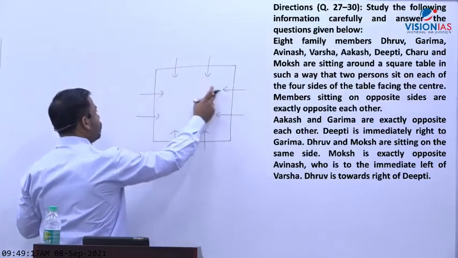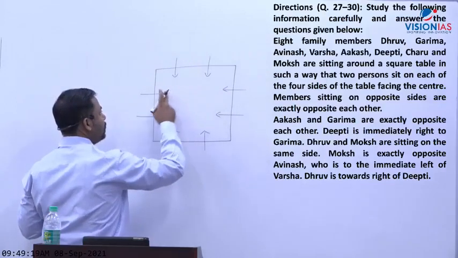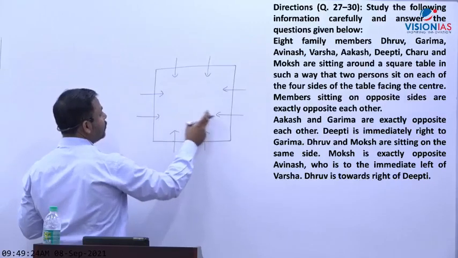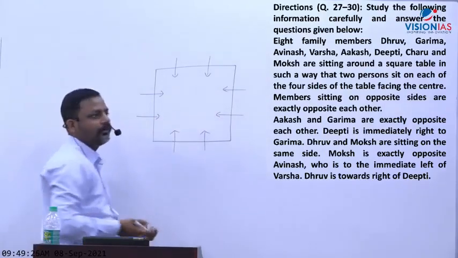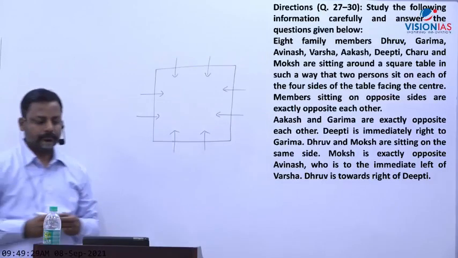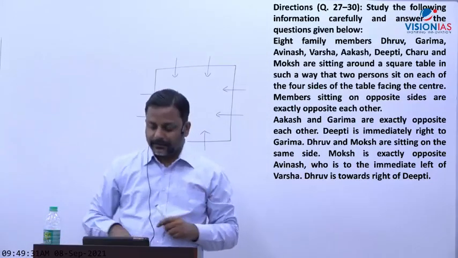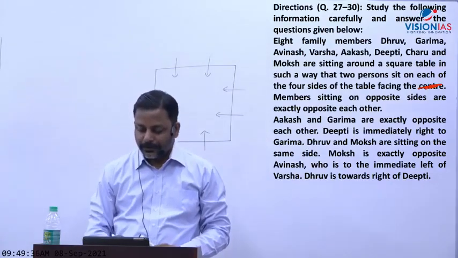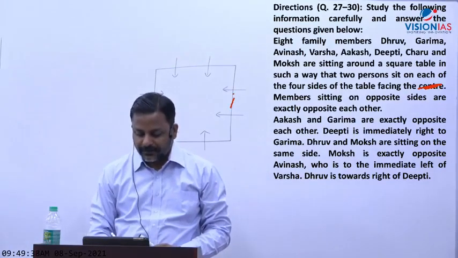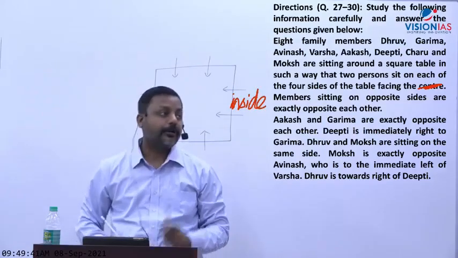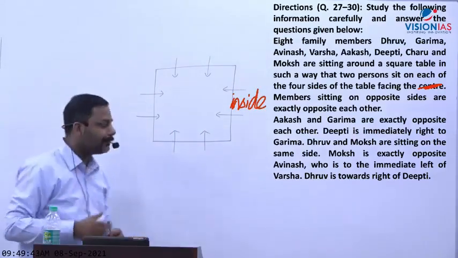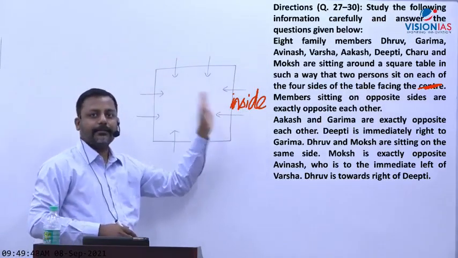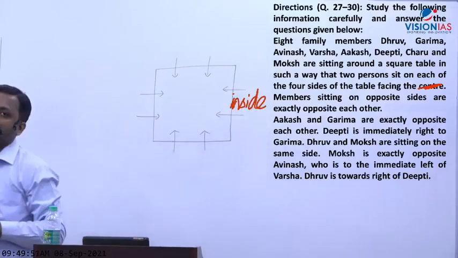Similarly on this side also, these 2 persons are facing each other, or you can say sitting opposite to each other, and here also these 2 persons are sitting opposite or facing each other. So here one term is a bit incorrect, and that term is center. It should be facing inside, not center. Okay? So each of the persons are facing the person sitting exactly on the opposite side in front of him.